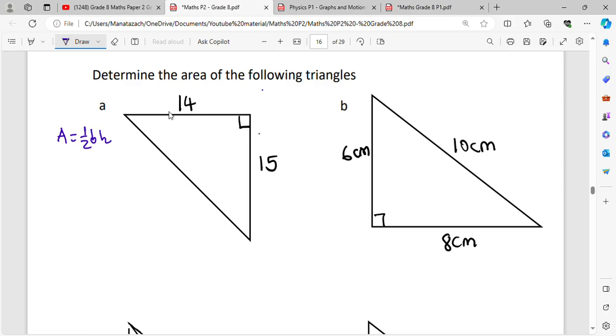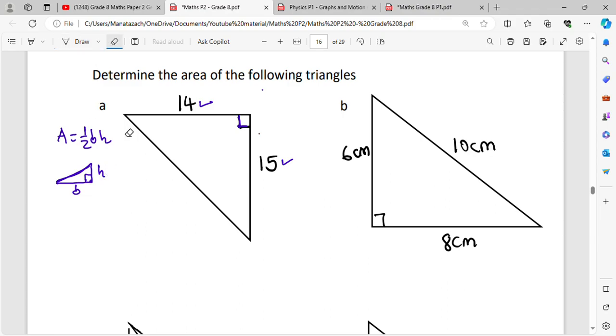So in this case, we have a base and then we have the height. One thing I want you to remember between the base and the height, if you have a triangle, if this is a base, this is a height, they always have to be at 90 degrees with each other. So in this case, we have the 90 degrees qualification.